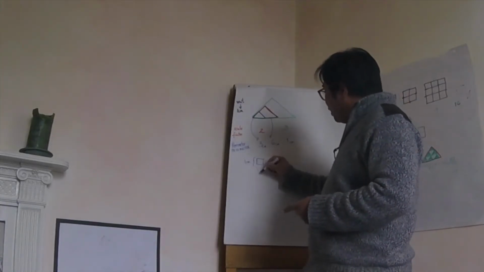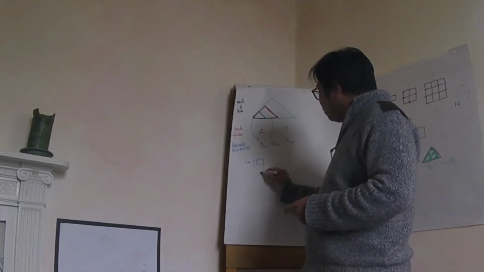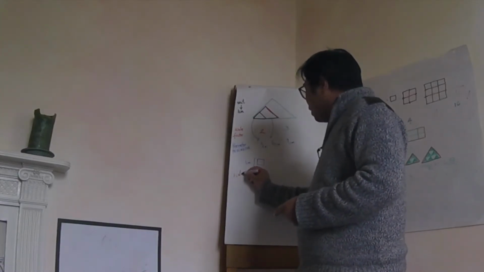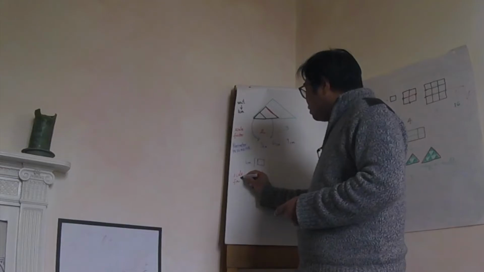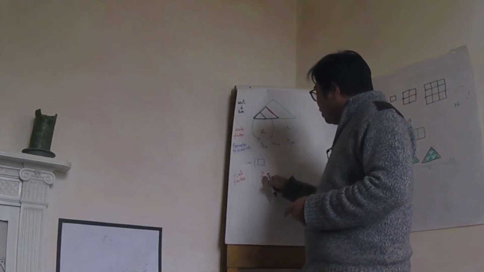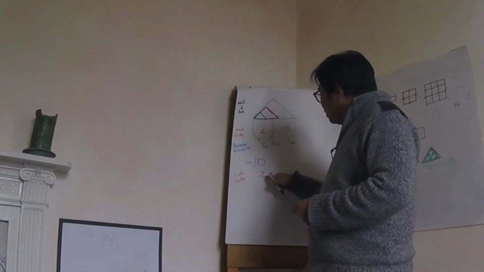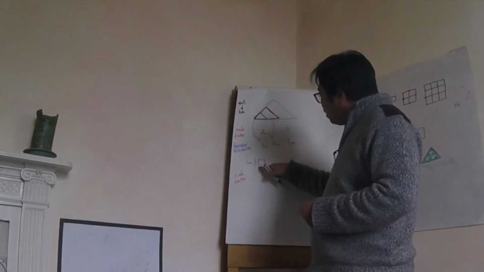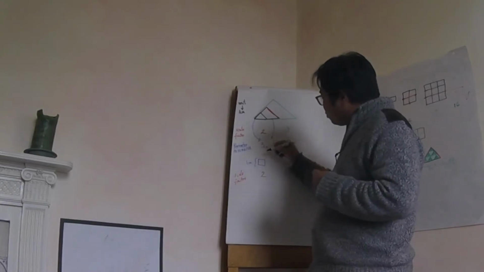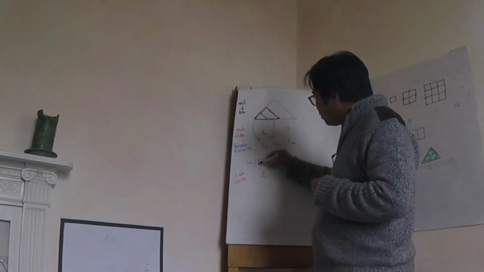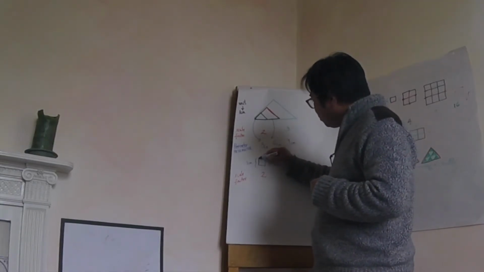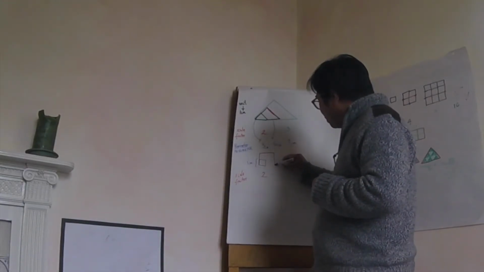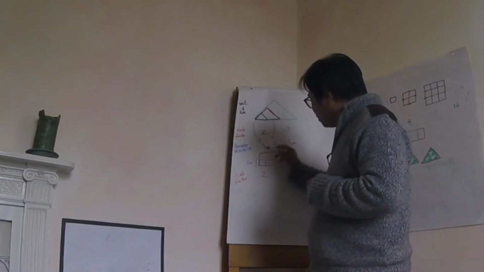If I enlarge it with a scale factor of 2, that means that each side I enlarge by 2. Yeah, each side will be twice as big. So this one should be twice as big, this should be twice as big, this should be twice as big, this should be twice as big.